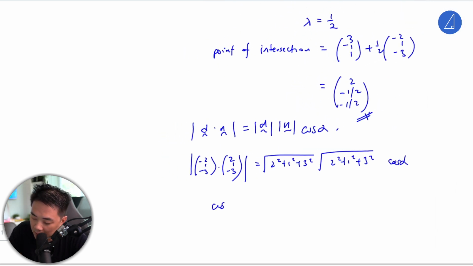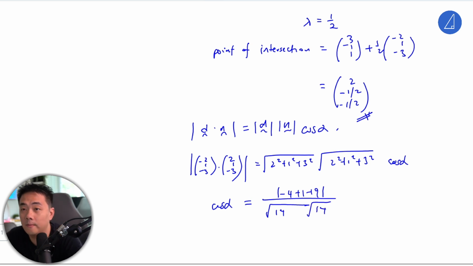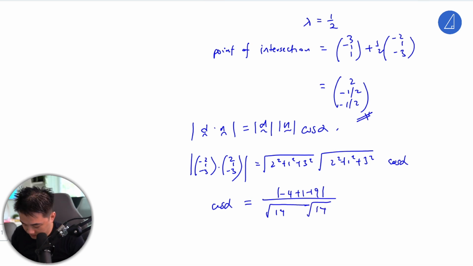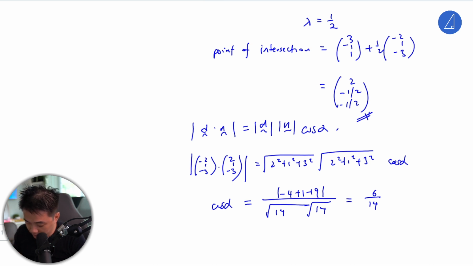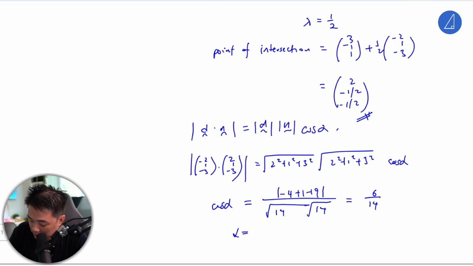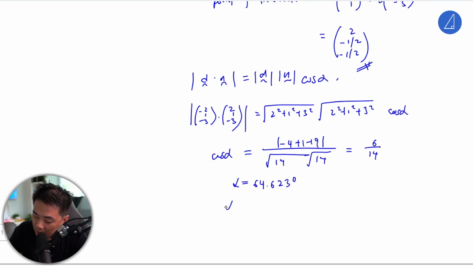So cosine alpha equals minus 4 plus 1 plus 9, which is 6, over 14. Cosine inverse of 6 over 14 gives us 64.623 degrees. Alpha is 64.6.